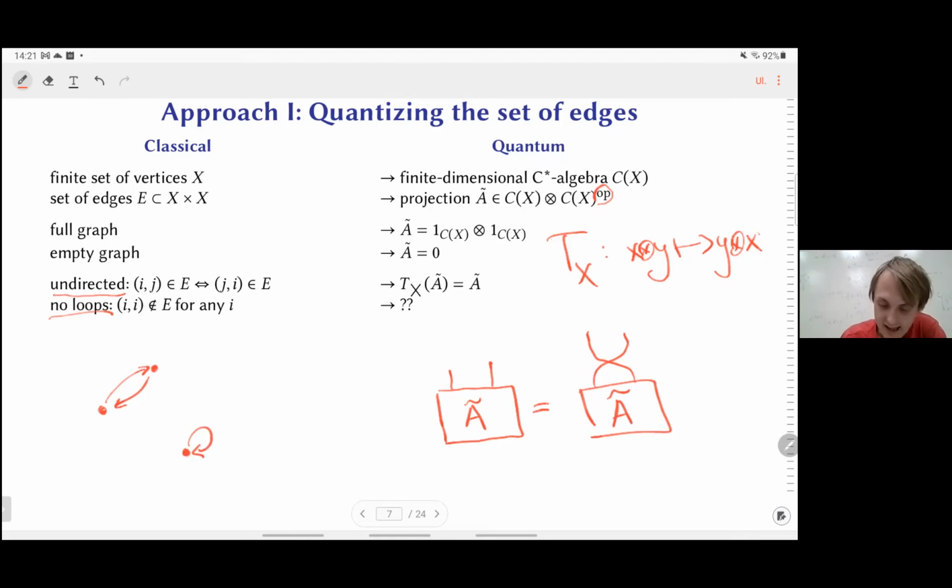And now, as I formulated it here, it is probably not so clear what this condition should be in the quantum world, because this definition in the classical world depends on the fact that, if I wanted to formulate it in terms of those algebras, in this algebra you have some canonical basis, let's say the canonical projections delta i on the vertices, and so this condition would say something like projecting on this i is inside this projection, or something like in this sense.